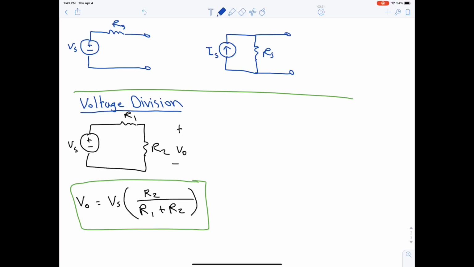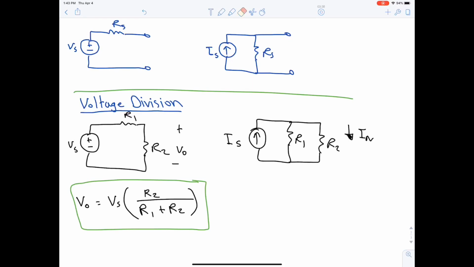Now, if I have a current source and two resistances in parallel, R1 and another resistance R2, how can I find the current, let's call it IL, in one step? Now IL, we will use current division.